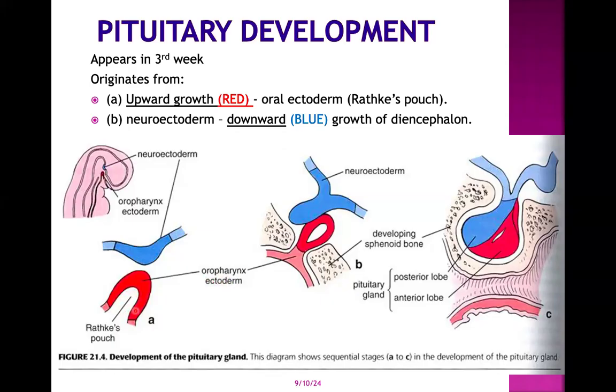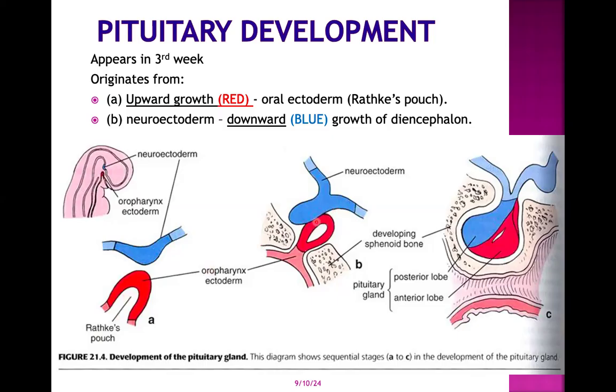Okay, and you see that it forms something like a pouch. If you remember when we did the pharyngeal arches and pouches, okay, we had the pouch and the cleft. So it is pouching. It means it's moving outward. That is the Rathke's pouch, which is named after Rathke, who was the one that discovered that.